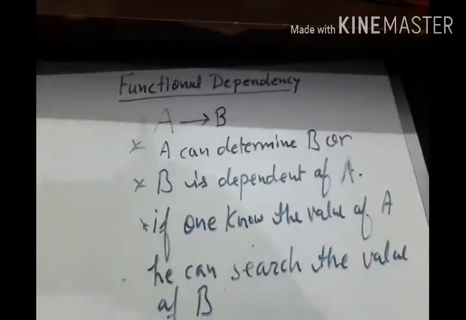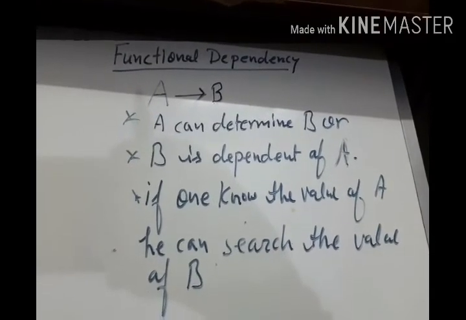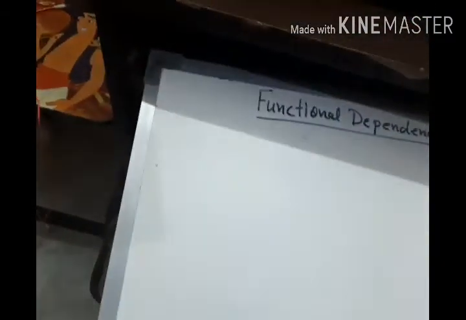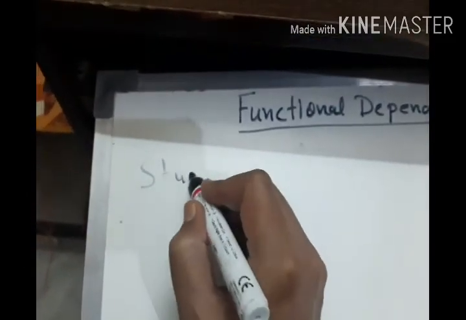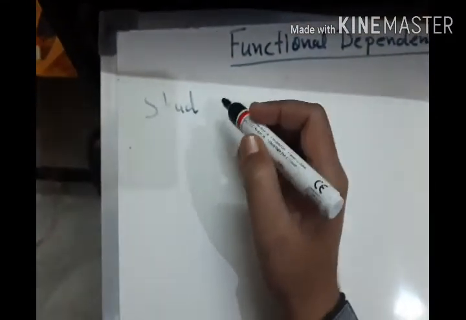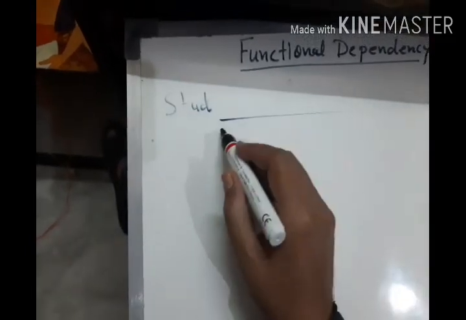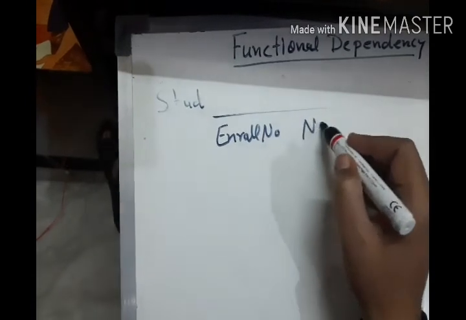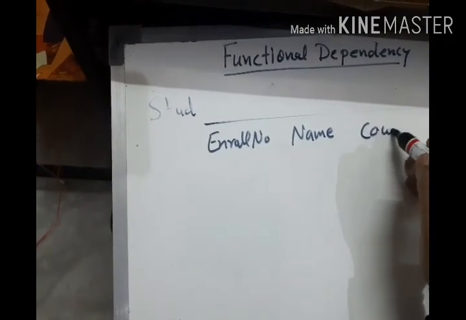Now, one example to understand it more clearly. I create a table named student, with enrollment number, name, and course.